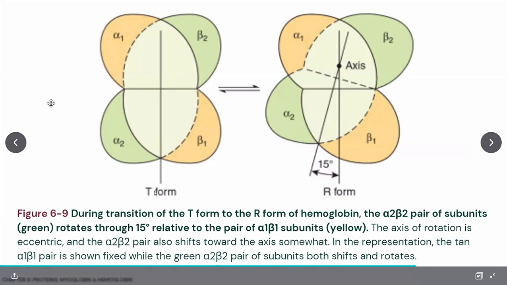We call this the tight form, T form, where the 2,3-BPG is still inside. But when there is so much already of oxygen, that 2,3-BPG is removed. And so this becomes now movable. And when the oxygen comes in, there is a movement of 50 degrees.